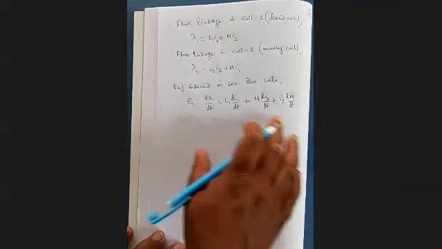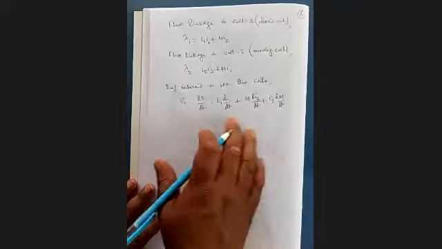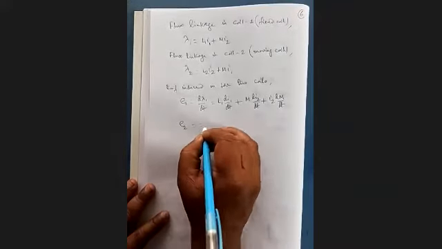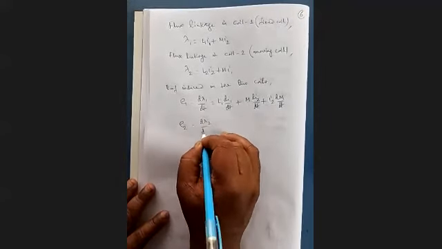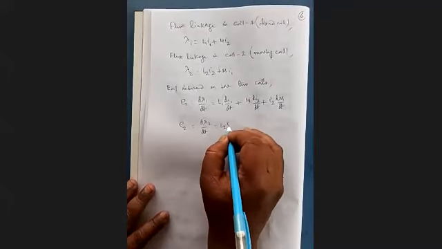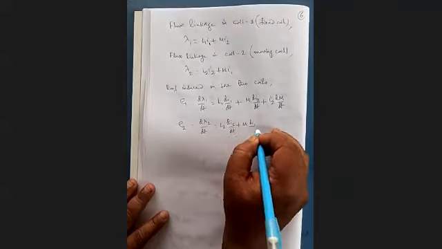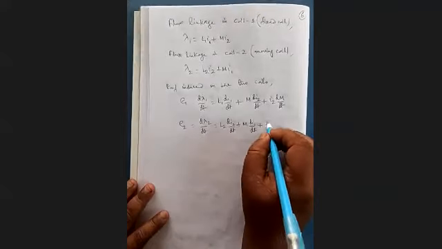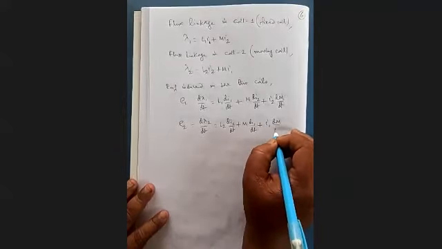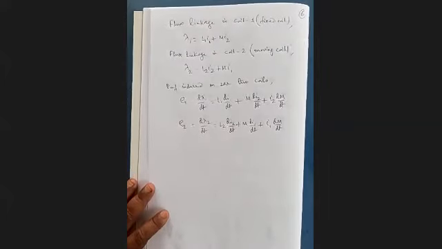So M is a function of theta and theta is a function of t. Therefore, M is a function of t finally. And similarly, E2 equals d lambda2/dt equals L2 di2/dt plus M di1/dt plus I1 dM/dt.